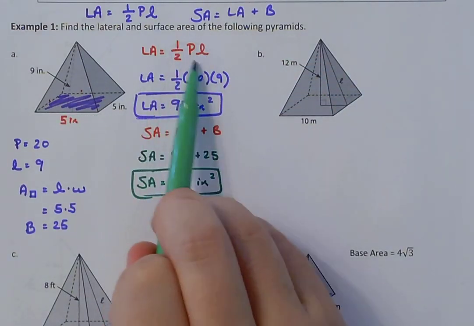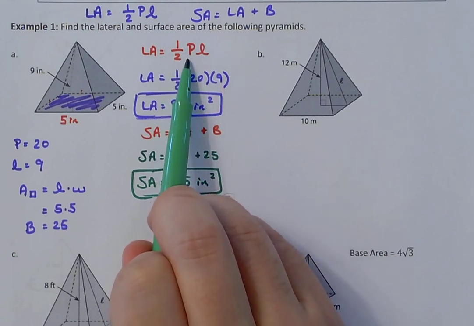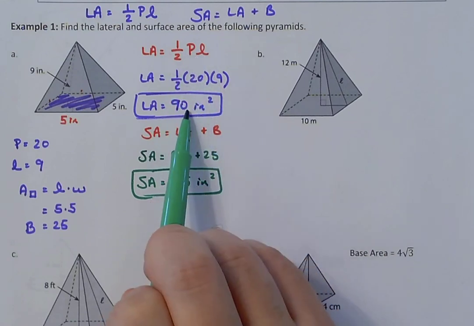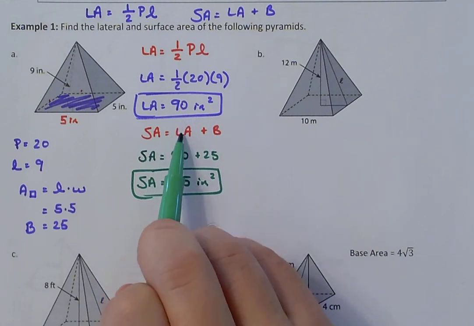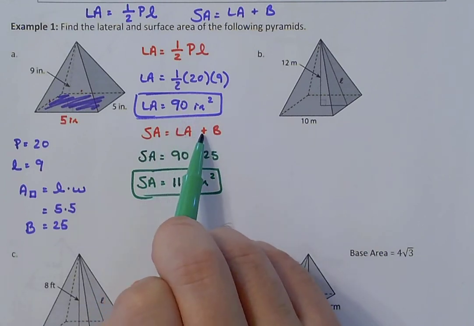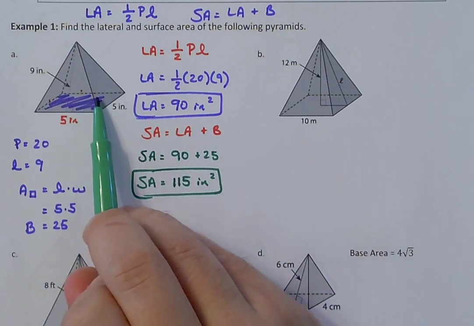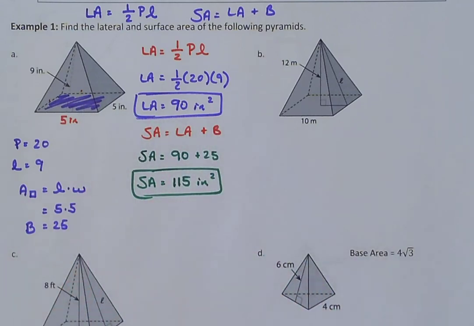Once you have multiplied 1/2 times perimeter of the base times the slant height, that tells you the lateral area. Then to figure out surface area, you take that lateral area and add it with the area of the base.